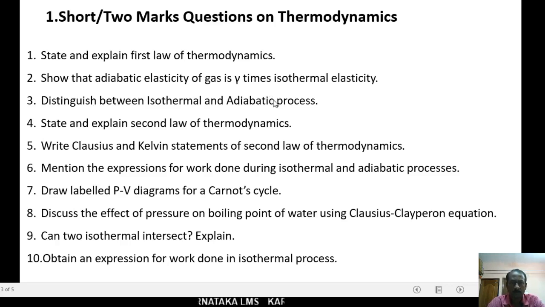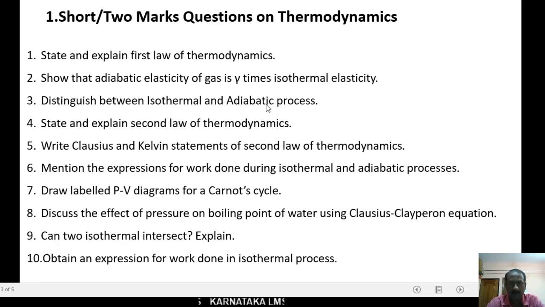Third question is distinguish between isothermal and adiabatic process. For this question, you can refer to the second video lecture. For the difference between isothermal and adiabatic process, you should write at least 4 differences. There are 6 to 8 differences.